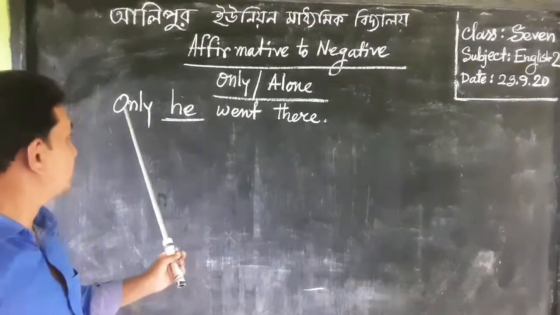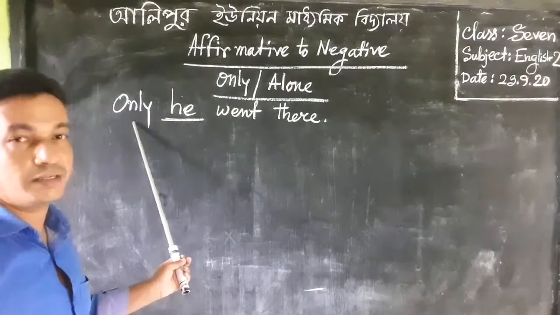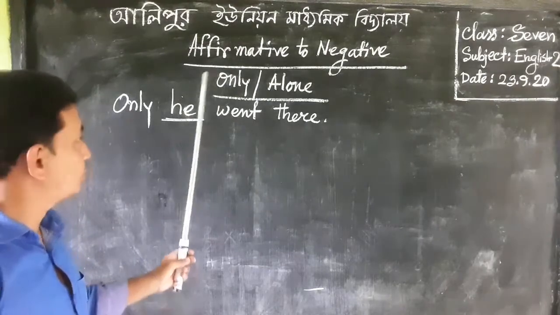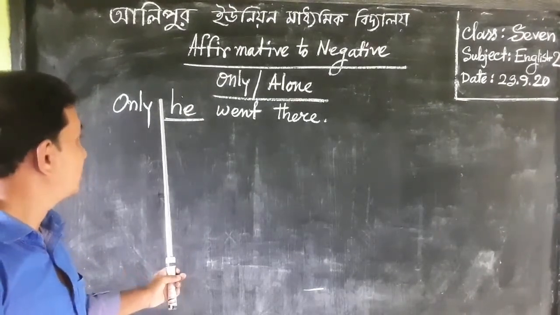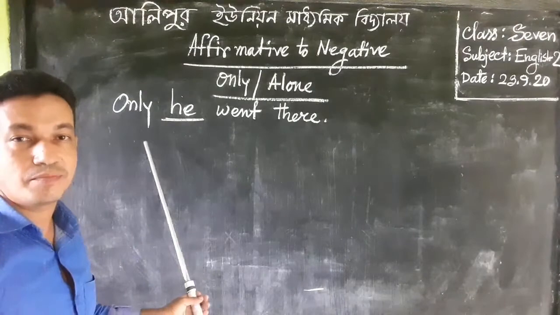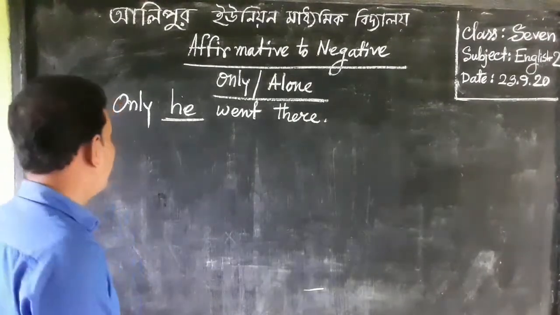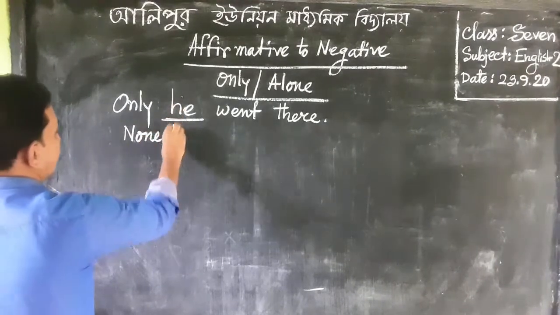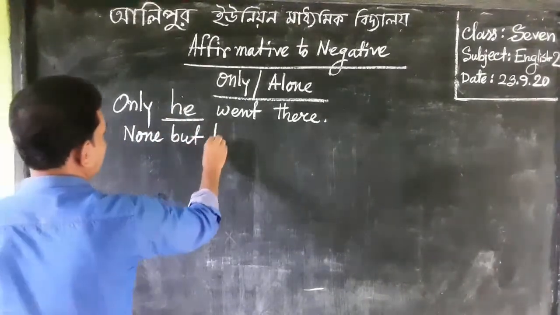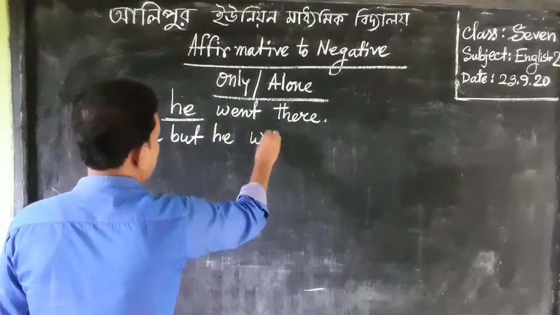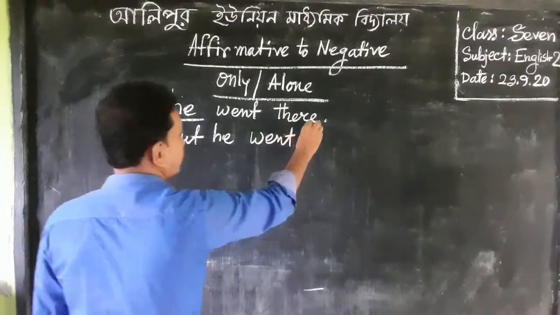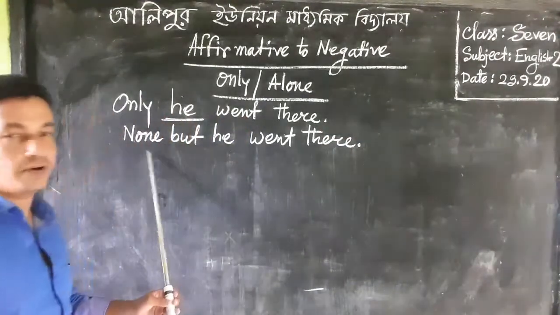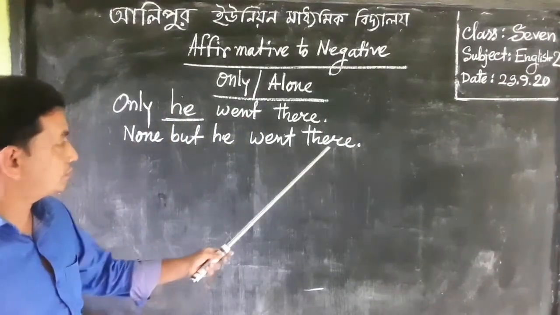Only indicates the person, and so we should change the affirmative sentence into negative: none but he went there.